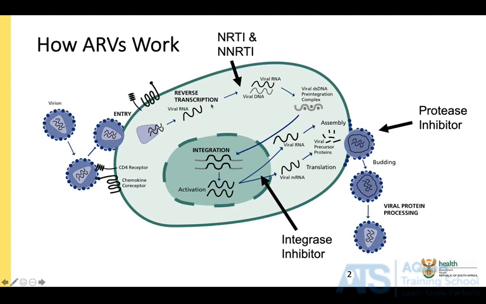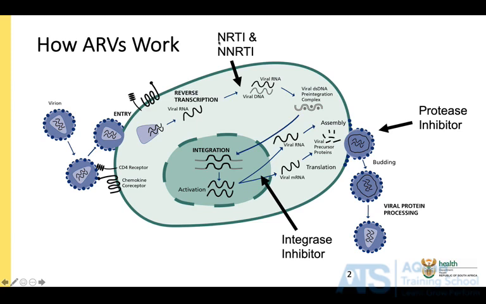In the cytoplasm, an enzyme called reverse transcriptase would then convert this single-strand viral RNA into a double-strand viral DNA. There are drugs that are meant to inhibit this enzyme. They are called reverse transcriptase inhibitors.